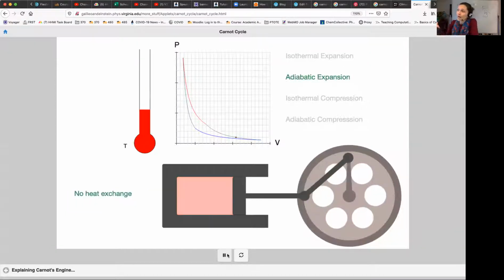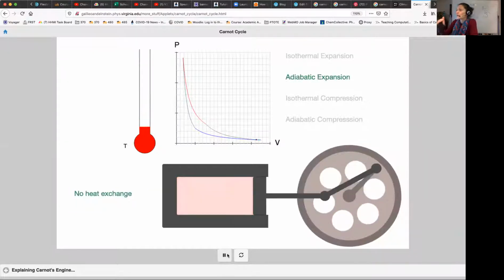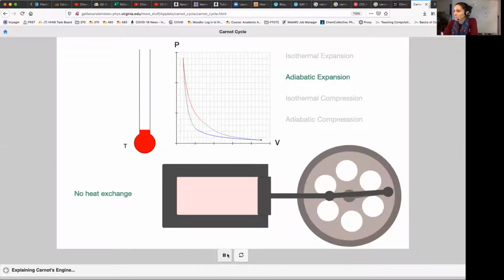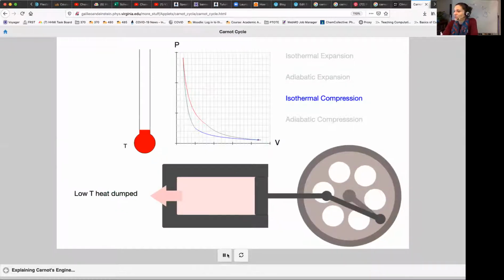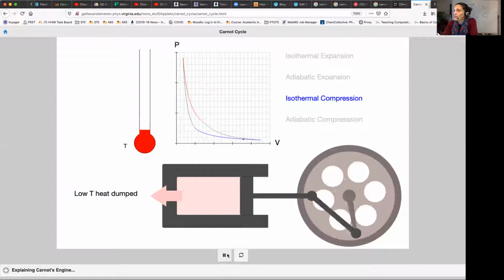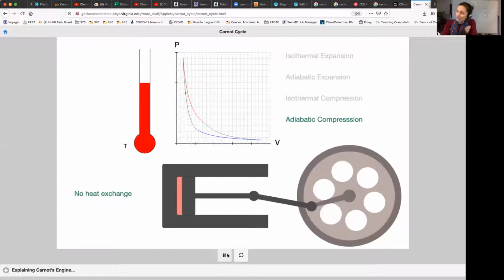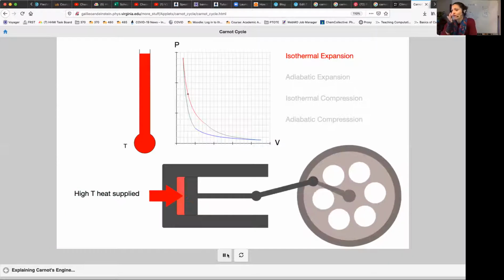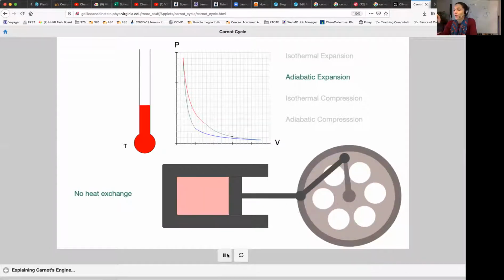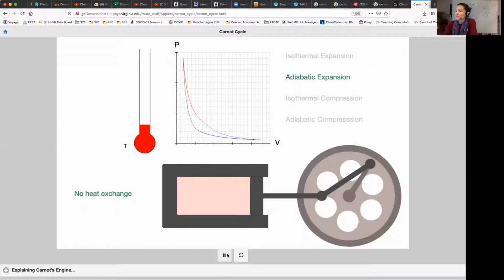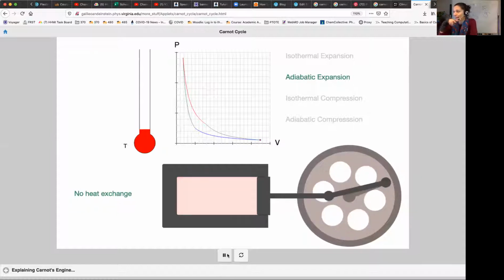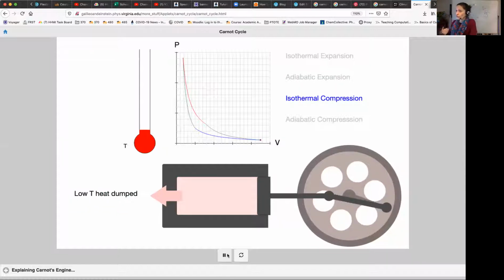Hence, you're getting back up to that T hot isotherm. Cool. So the piston keeps going, and this is how we extract useful work energy, or convert heat energy into useful work energy. See if you can figure out where we're gaining that heat. That heat's coming out of our engine.